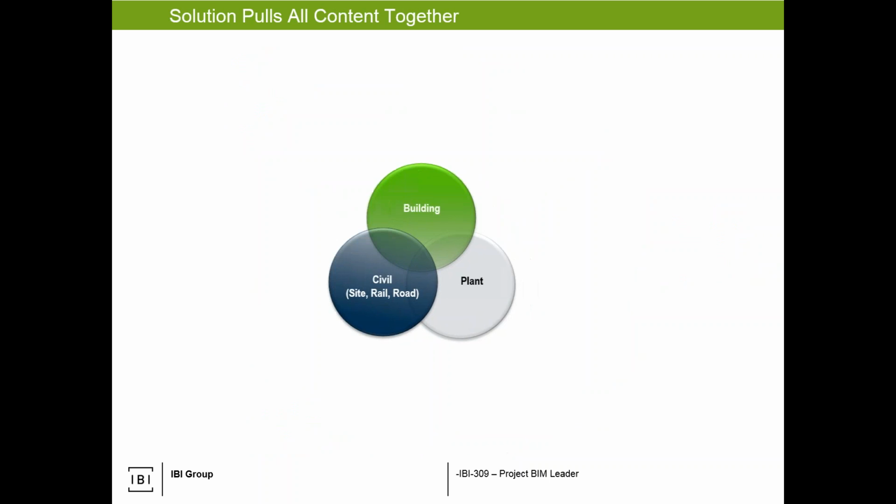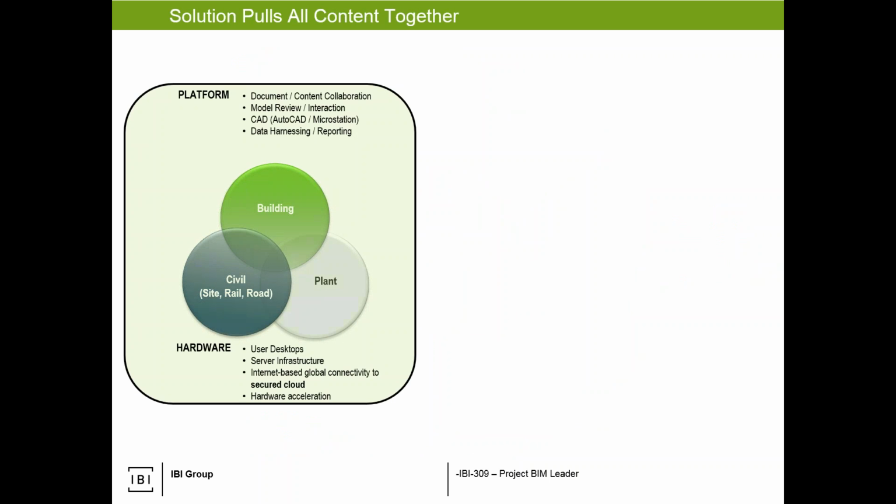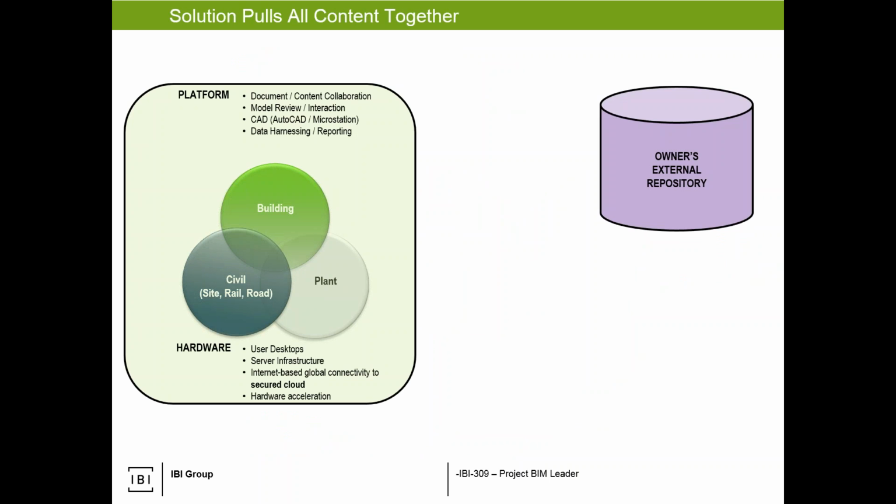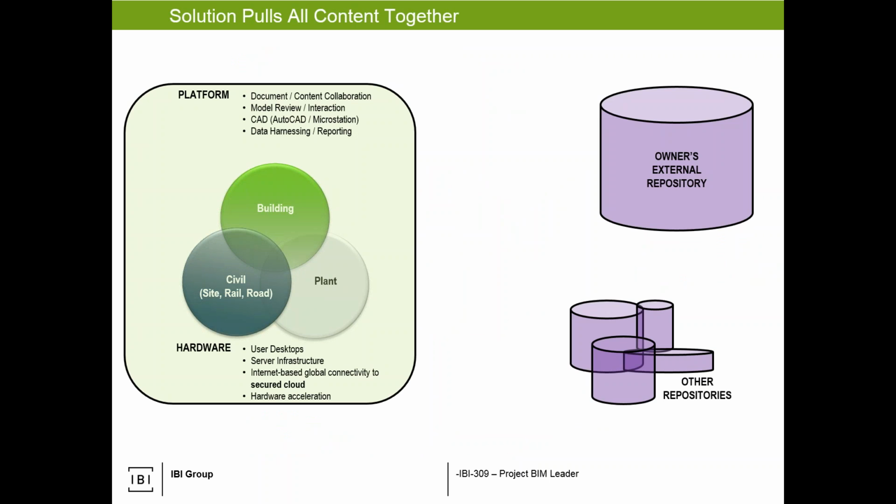But regardless, you want to find what that right solution is, encapsulate it around your platform. That would be your CAD, whether it's AutoCAD or MicroStation, your data reporting, your model review tool, your collaboration tools, and your hardware. And then you focus on where the information is going and how you're getting it there.